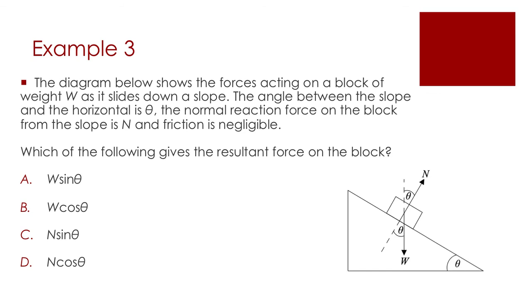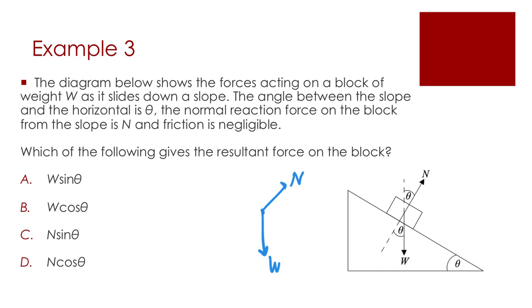Okay, so here's one more block on an inclined plane. And in this case, it tells us that the friction is negligible. So I have all the forces already drawn on here. We have our force due to gravity or our weight and the normal force. Now the block is sliding down the slope.